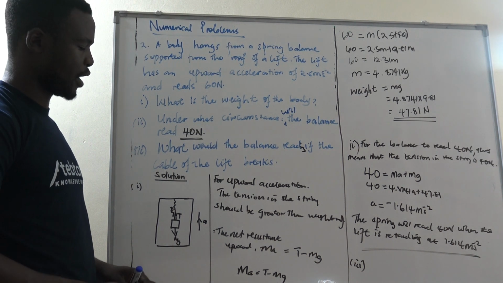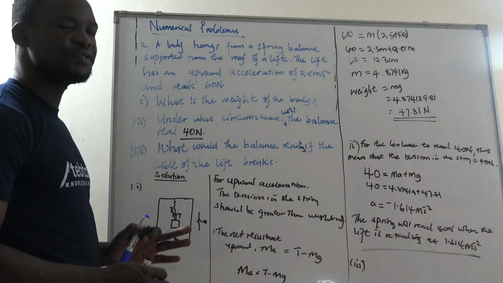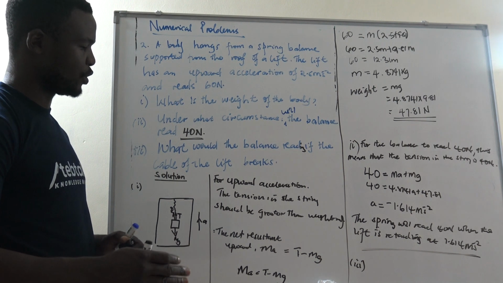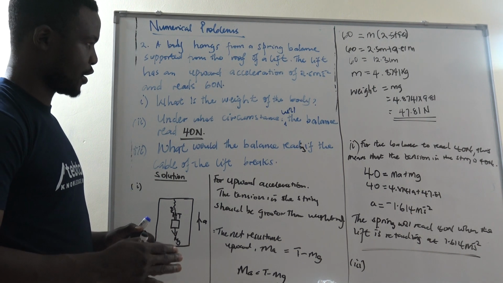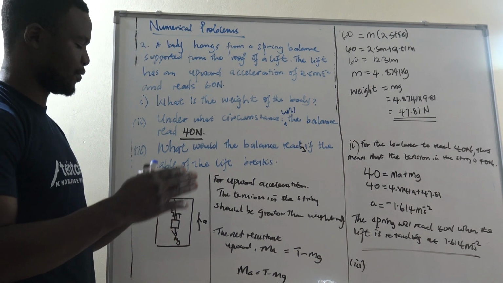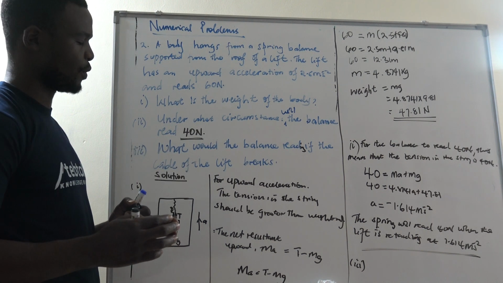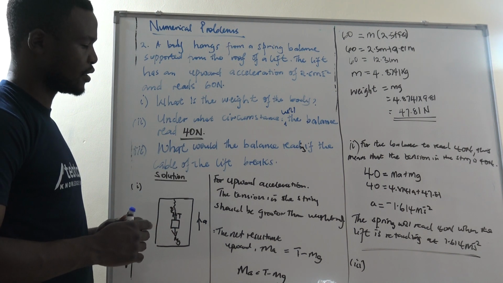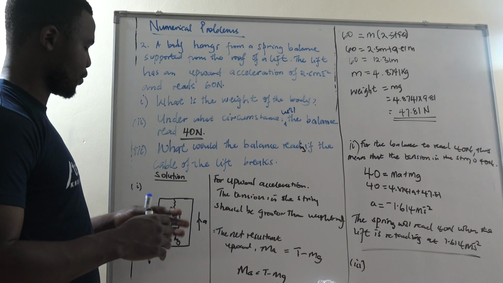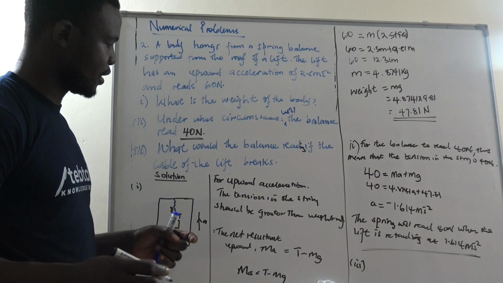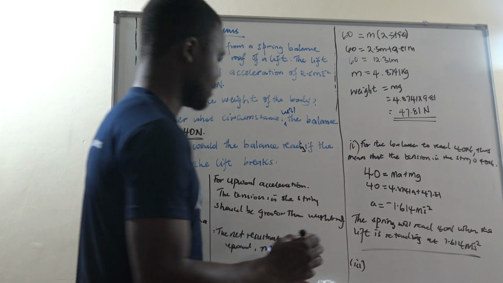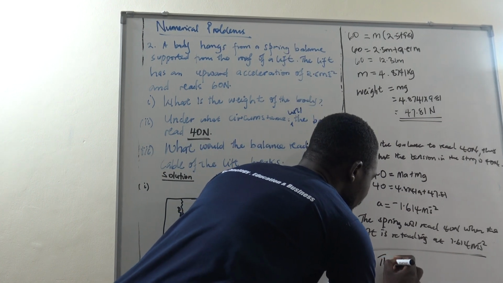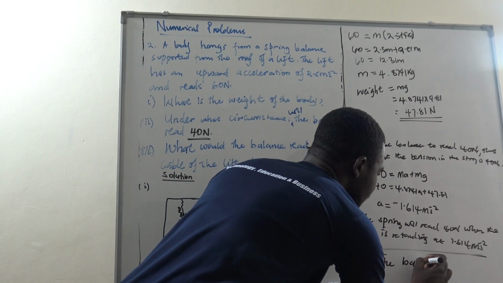It means the lift is moving at the acceleration due to gravity. And if the lift is falling downwards at the acceleration due to gravity, it means that the apparent weight, or the reading, will be 0. So the ballast reading will be 0.